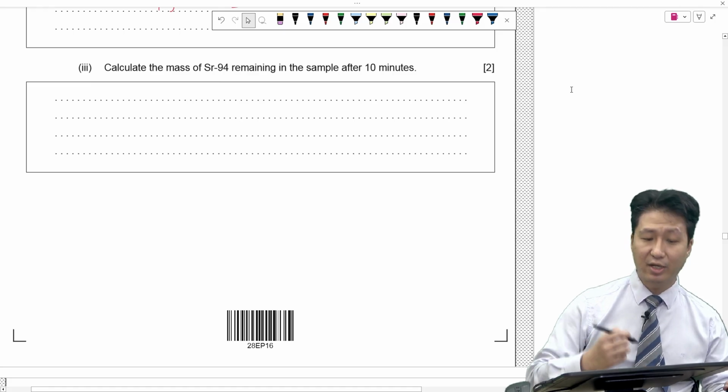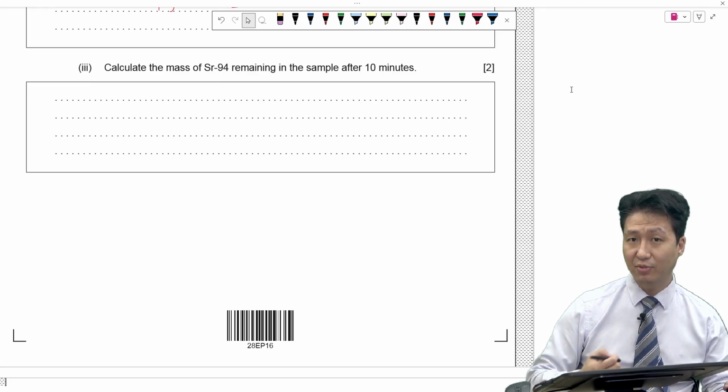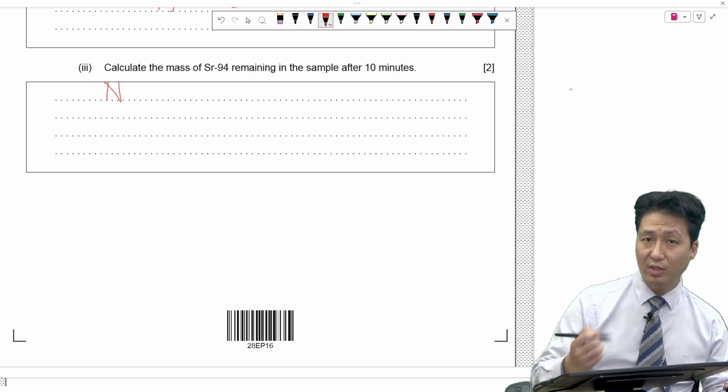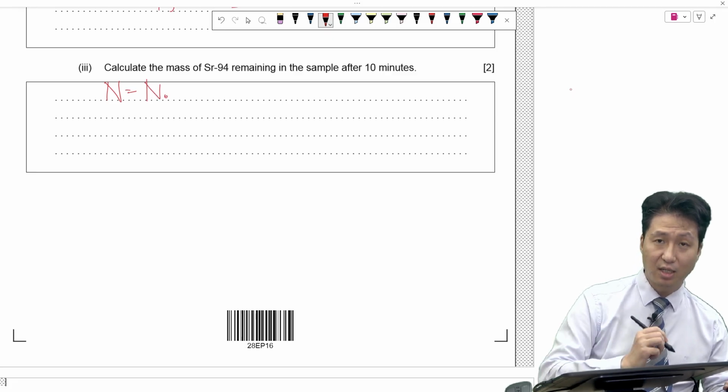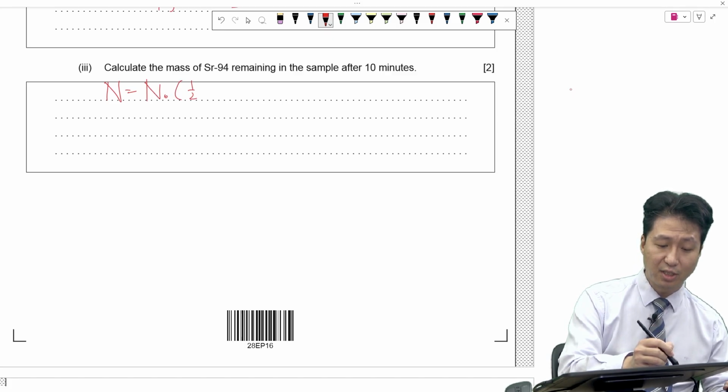Part 3, calculate the mass of strontium-94 remaining in the sample after 10 minutes. And we can use two equations. The simpler equation is just the amount remaining is equal to the initial amount times 1/2 to the power of time over the half-life.